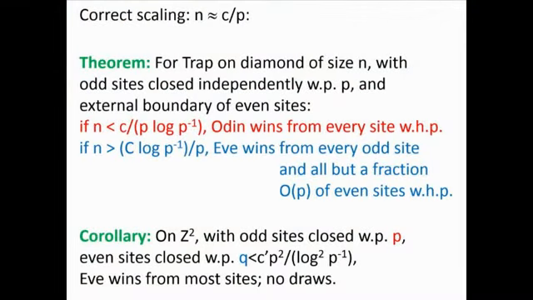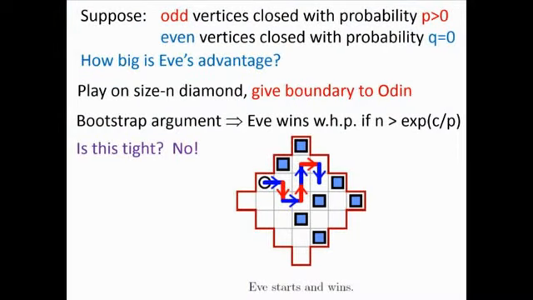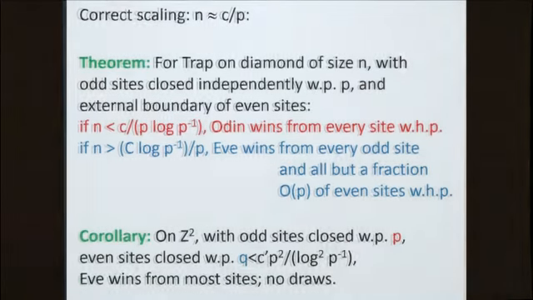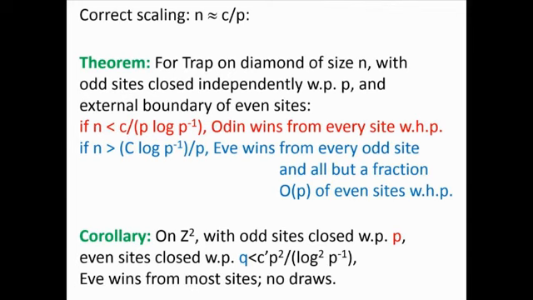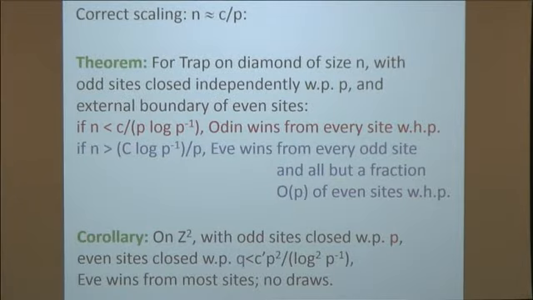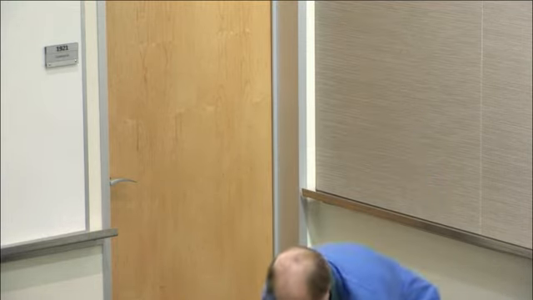So the correct scaling is actually not this exponential one that you get from bootstrap percolation, but it's n approximately constant over p. More precisely, we know that if you do this on a diamond of size n with p, then if n is large compared with 1 over p, then Eve wins almost everywhere.